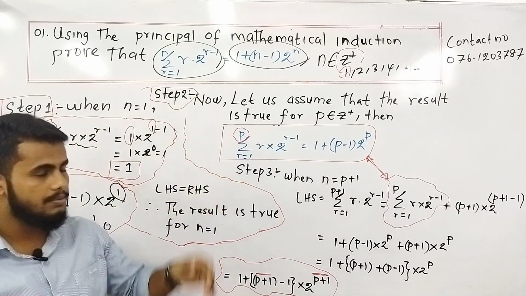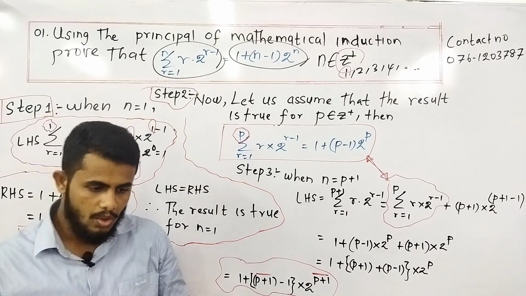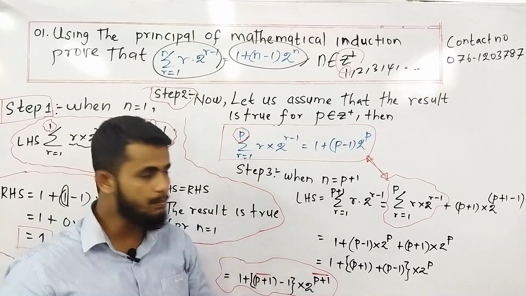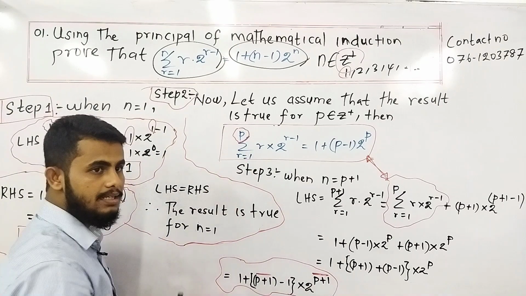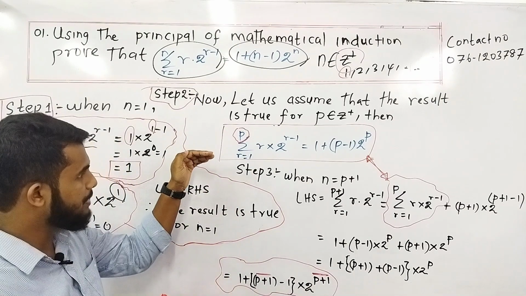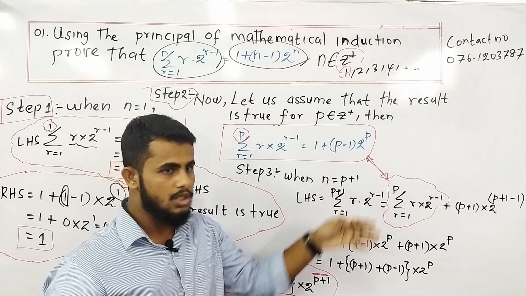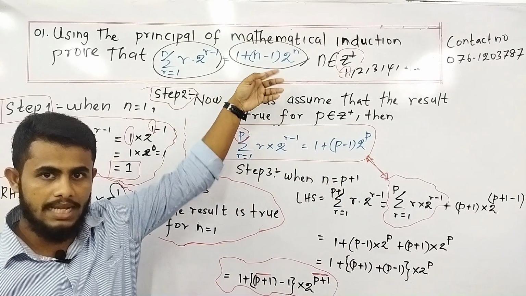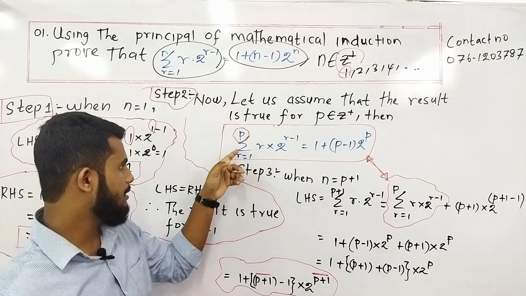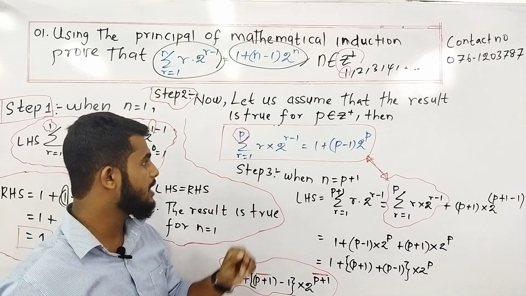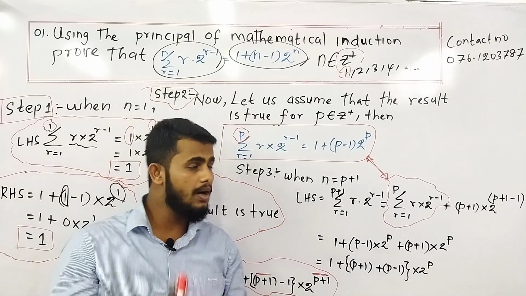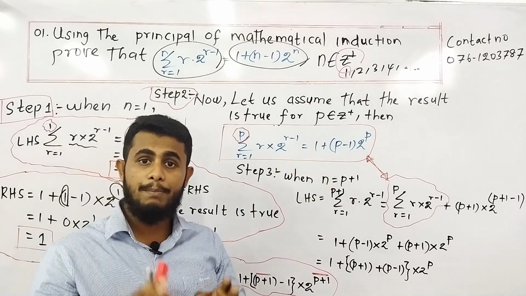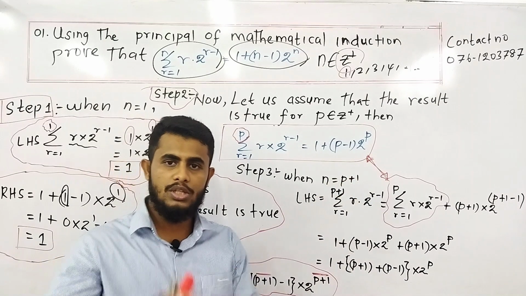So we are taking this result as true for n equals p. So summation r equals 1 up to p of r into 2 to the power r minus 1 equals 1 plus (p minus 1) into 2 to the power p.